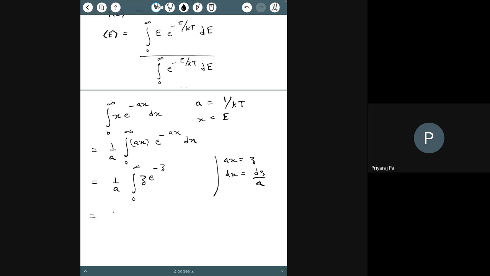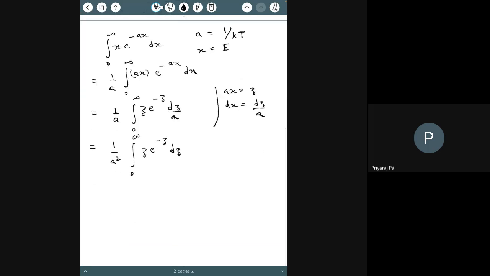So I have 1 by a squared, integral 0 to infinity z e to the power minus z dz. And this is a familiar integral which you integrate by parts.